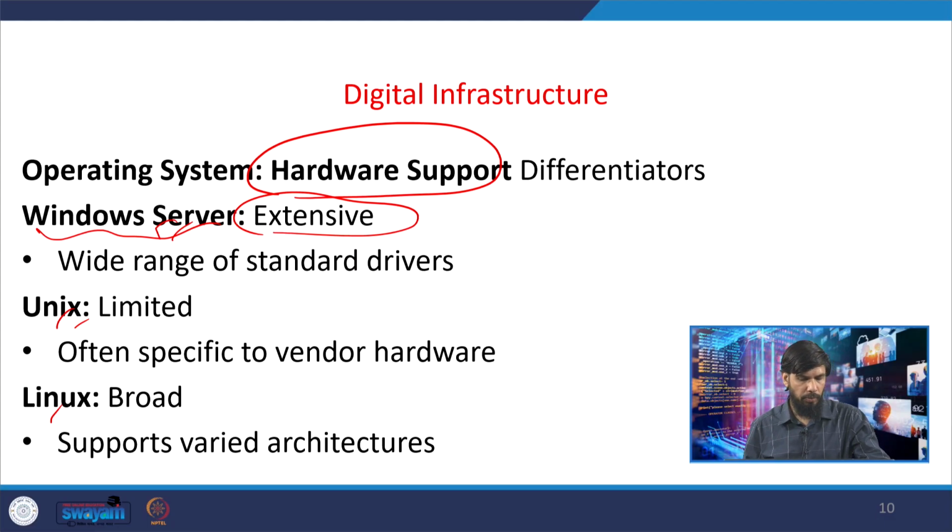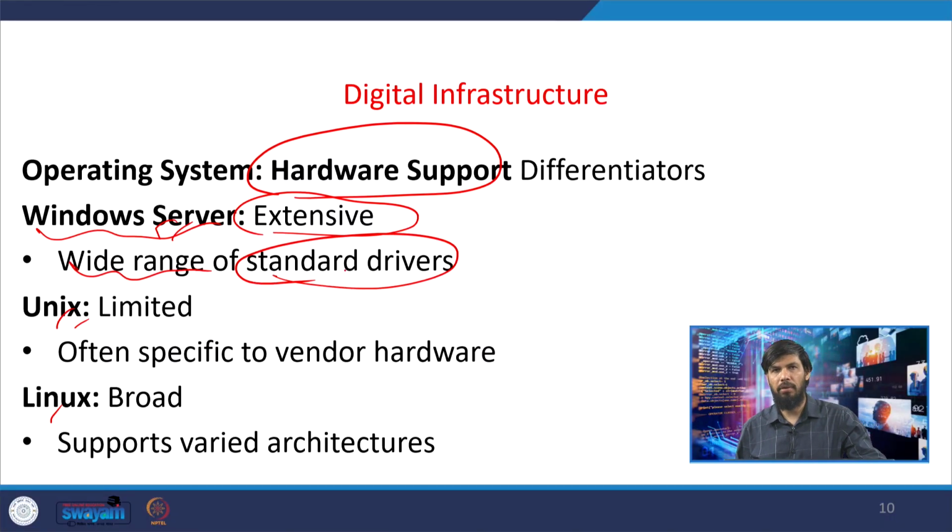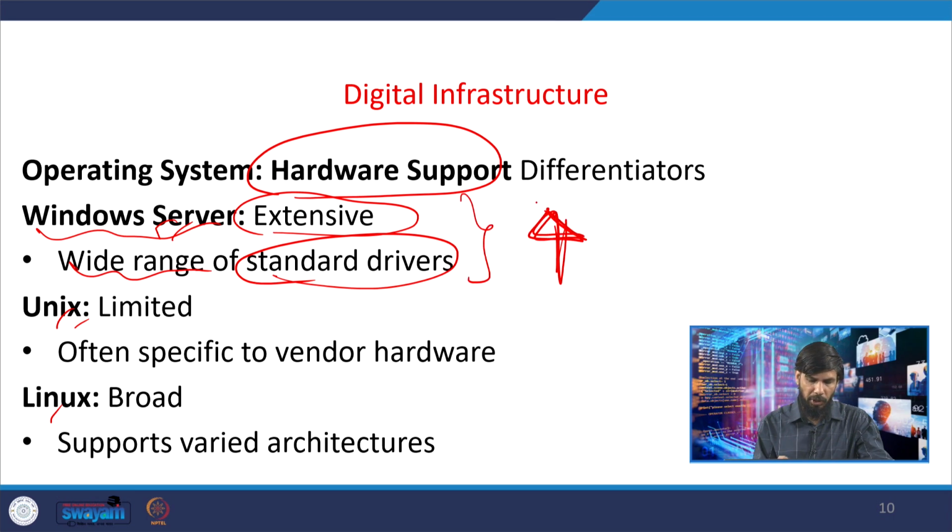So there are lots of companies which develop hardware compatible with a PC running Windows or Windows Server, right. So a wide range of standard drivers are readily available for different kinds of hardware devices, right. So there is a very good benefit of the ecosystem in the case of Windows Server.